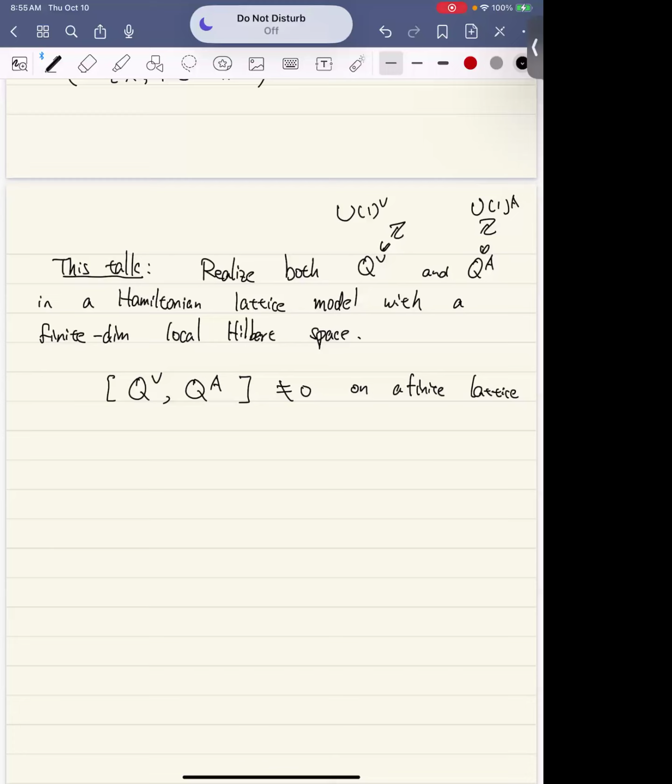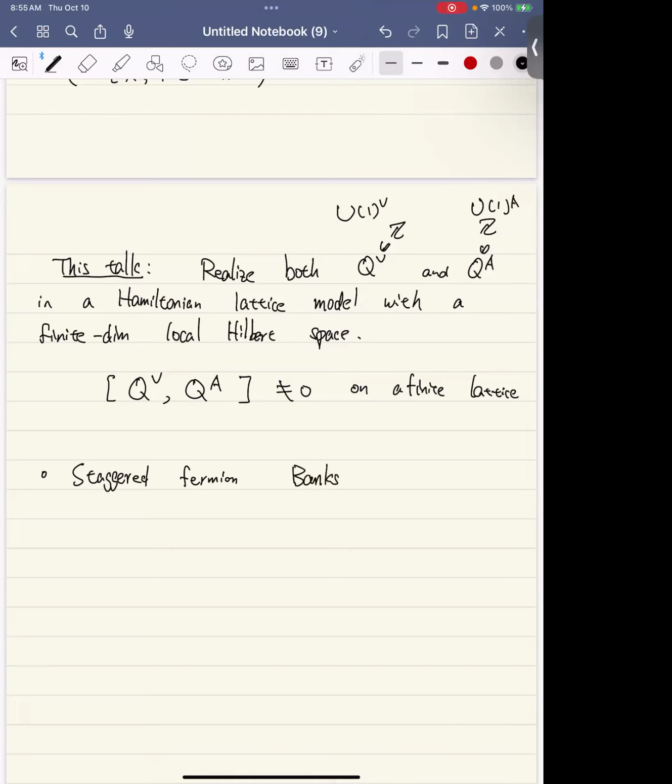Okay, so now we can finally talk about the lattice model. And it's really the simplest possible lattice model you can imagine. It's called the staggered fermion model. But it's in 1+1D, so it's much simpler than the higher dimensional version.